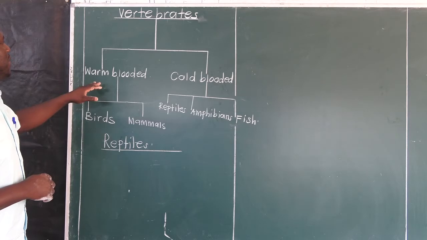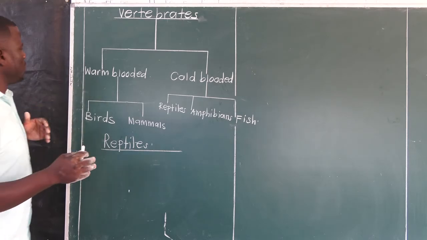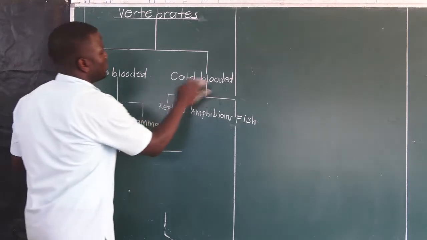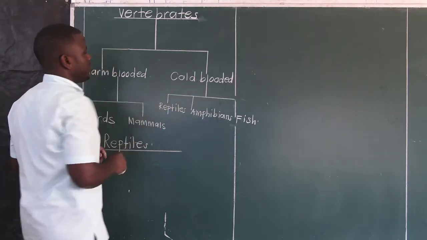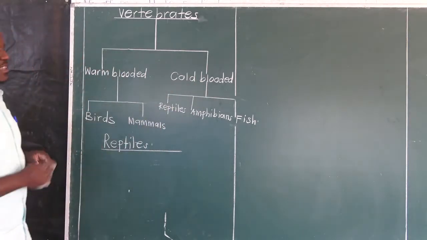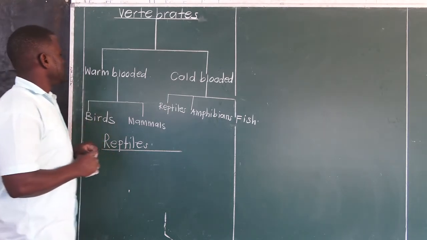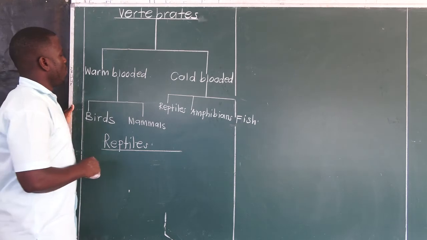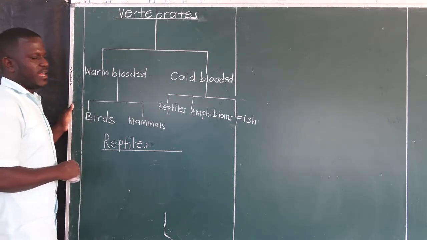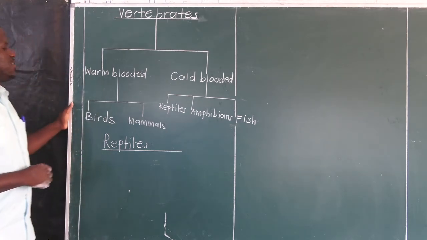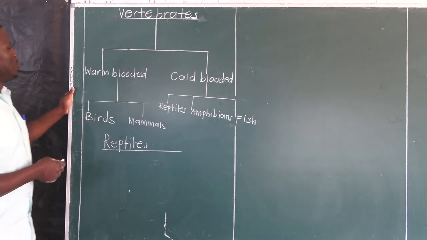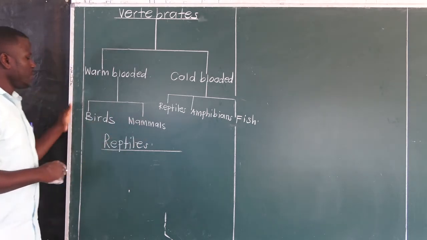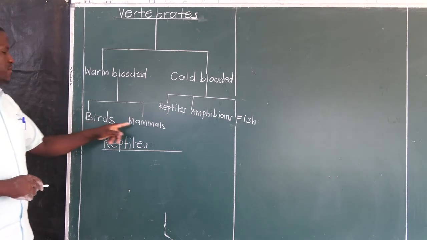Then we divided vertebrates into two groups: warm-blooded vertebrates and cold-blooded vertebrates. Warm-blooded vertebrates are animals with a constant body temperature, and we grouped them into birds and mammals. We looked at birds and mammals.